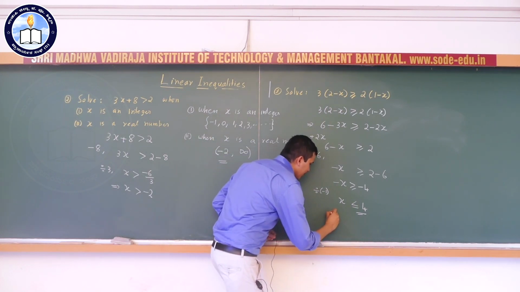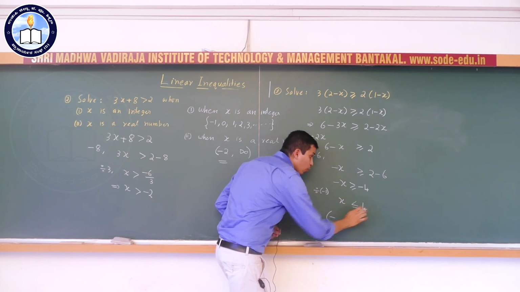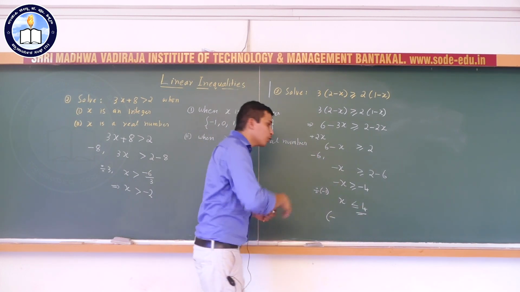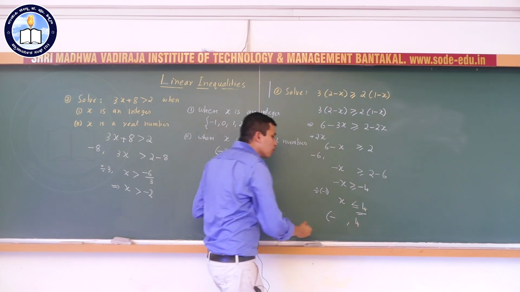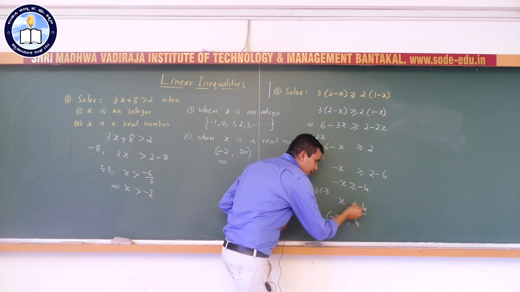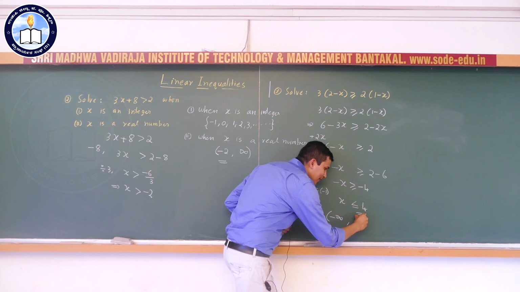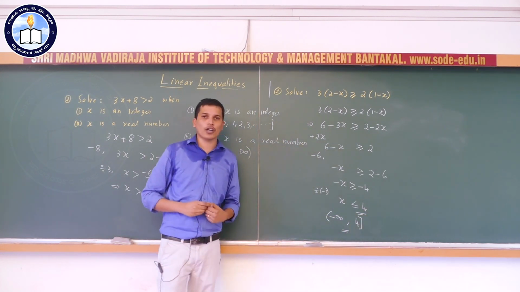You can write it this way: x should be less than or equal to 4. On the left side I need to move from 4, and up to where should it move? It is minus infinity. But 4 is included, since it is equal to 4, so we write it as a closed interval. Like this way we write the solution set.